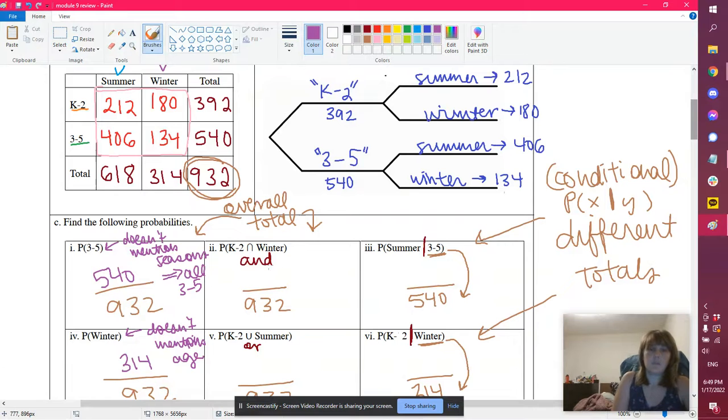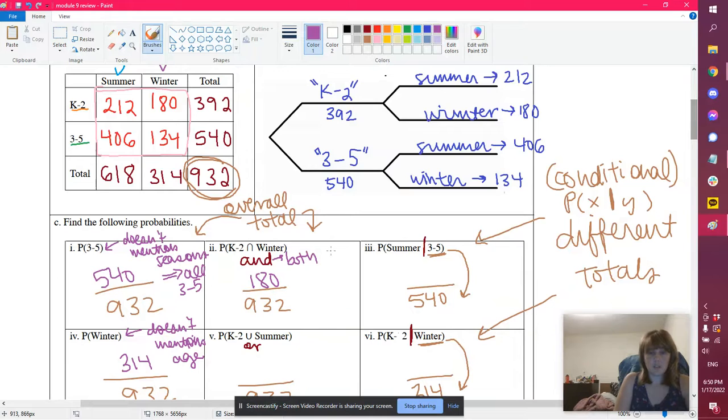All right. And this is the one where you only get one box. If we do the probability that we're in K through 2, so we're in this row, and we're in the winter column, there's only one number that's in both, and that's 180. When we're looking for and, we're looking for the thing that's in both, and 180 is in both K through 2 and in winter.